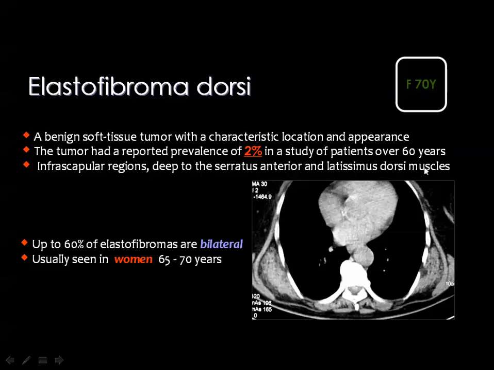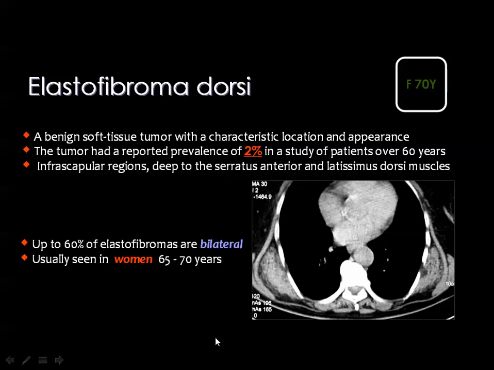And this lesion has about 2% prevalence and is commonly seen in elderly patients, 60 years and above. And I usually see this lesion in females, more commonly than males, and this is also seen in the literature.